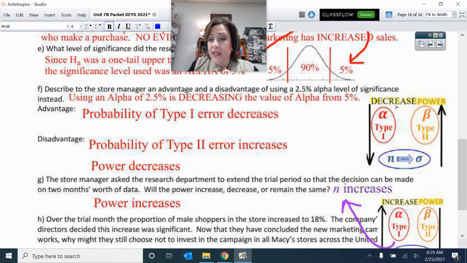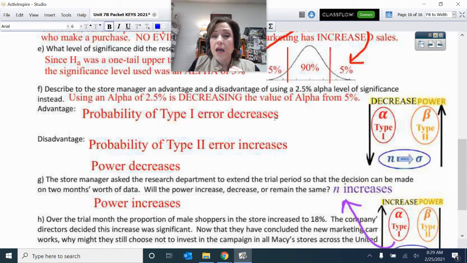Okay, so remember advantages and disadvantages. If an error goes up, that's bad. So that's a disadvantage. So here, type 2 error goes up. So that's bad. That's why the probability of type 2 error increasing is a disadvantage.